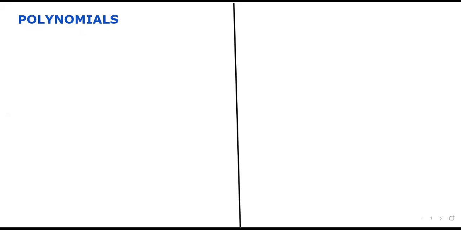So for our lesson of today, we are going to look at polynomials. By the end of this lesson, you will be able to know the following vocabulary. Number one, you must be able to know what is a term.